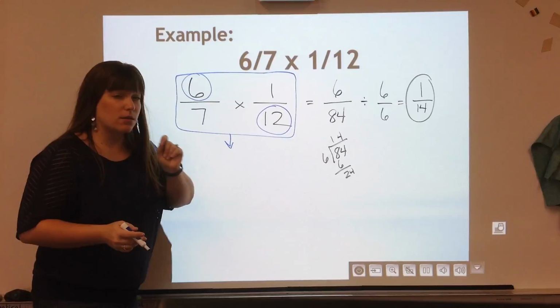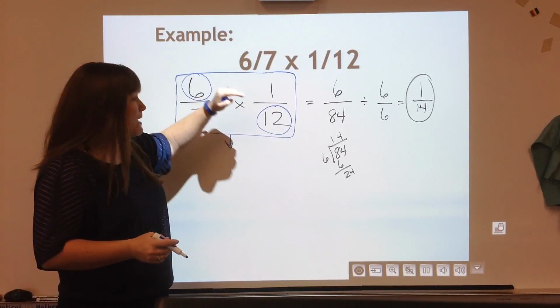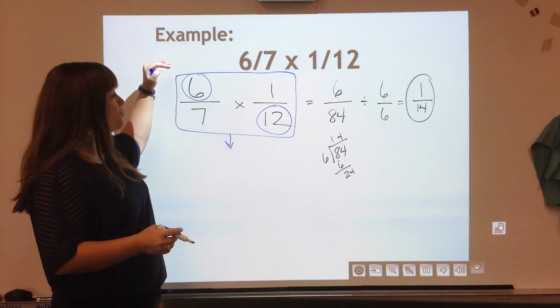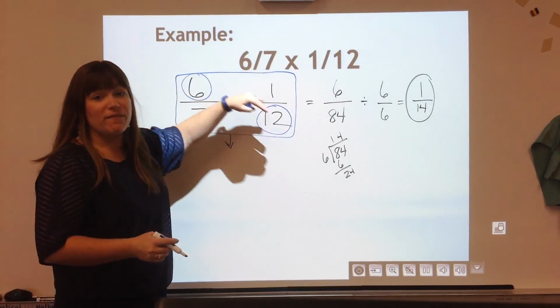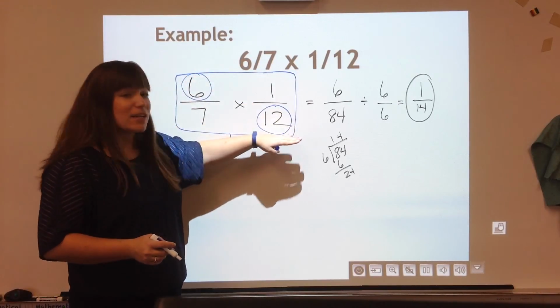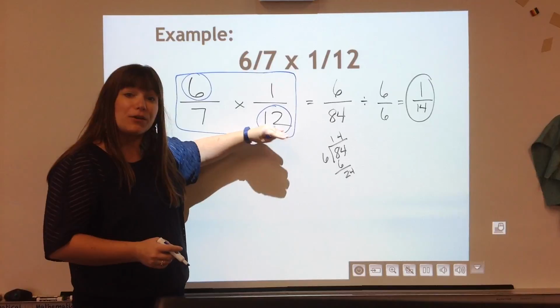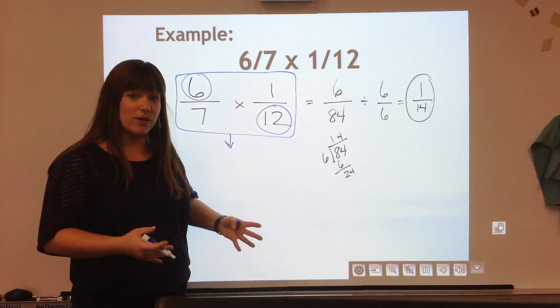The key to doing this is that you have to pick a number that's in the numerator and then in the denominator. You're usually going to have to cross over from one factor to another. So the numerator in this factor has a common factor with the denominator in this factor. If that's the case, you can simplify first.